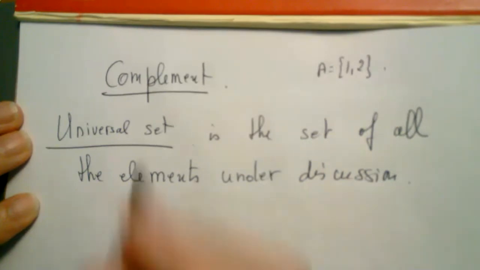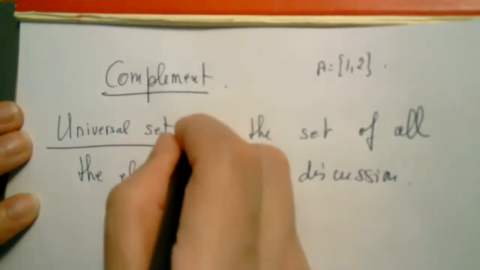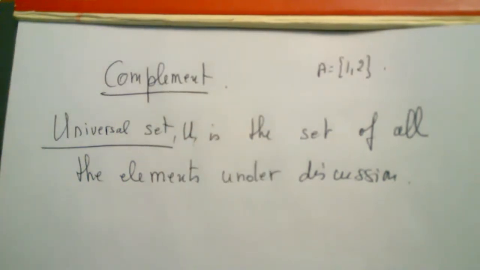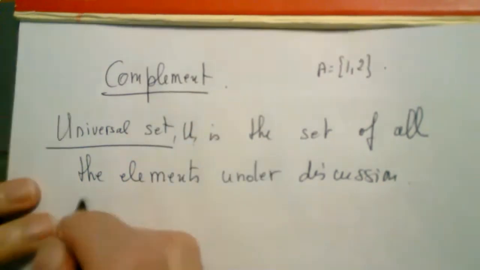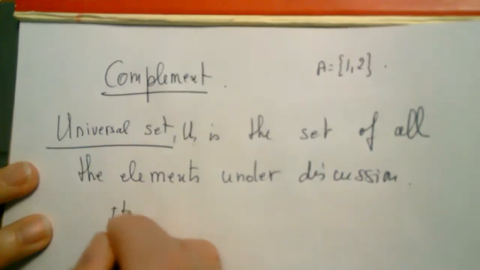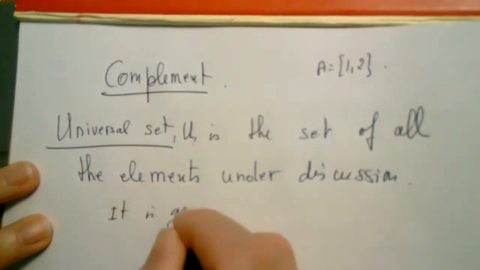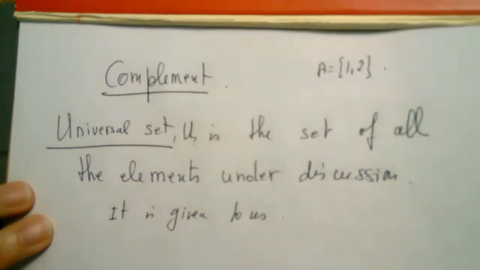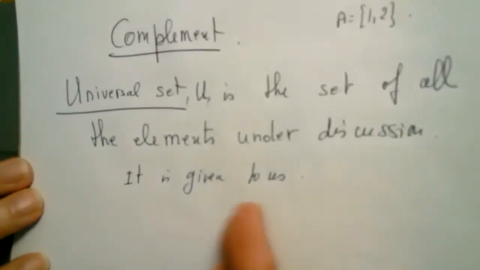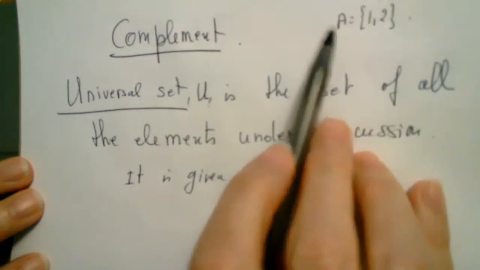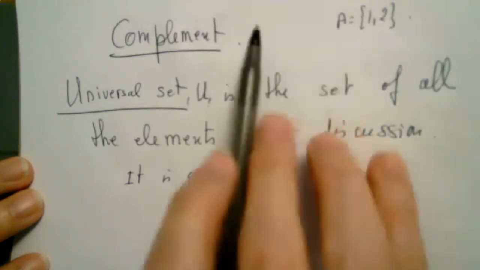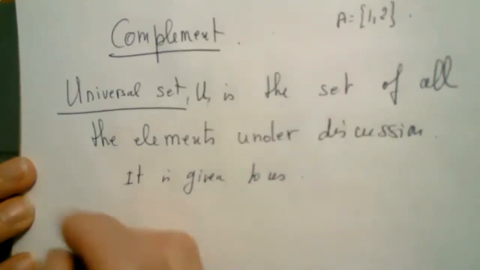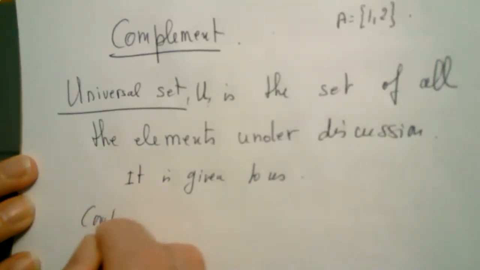A lot of the time we use the letter U for universe to mean universal set. And it's given to us, otherwise you're not going to invent one. Why do I have to bring this up? Because as I said, if I want to tell you what's not in A, I have to tell you where it is. So in this setting, what's the complement of A?